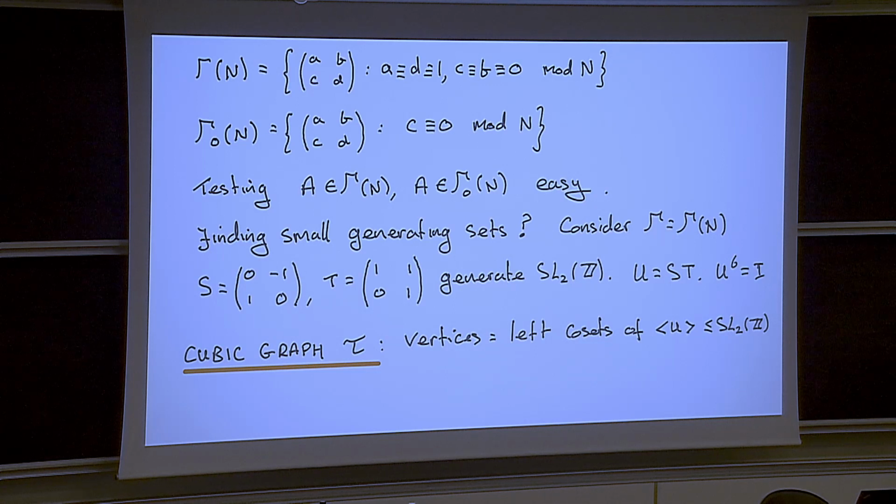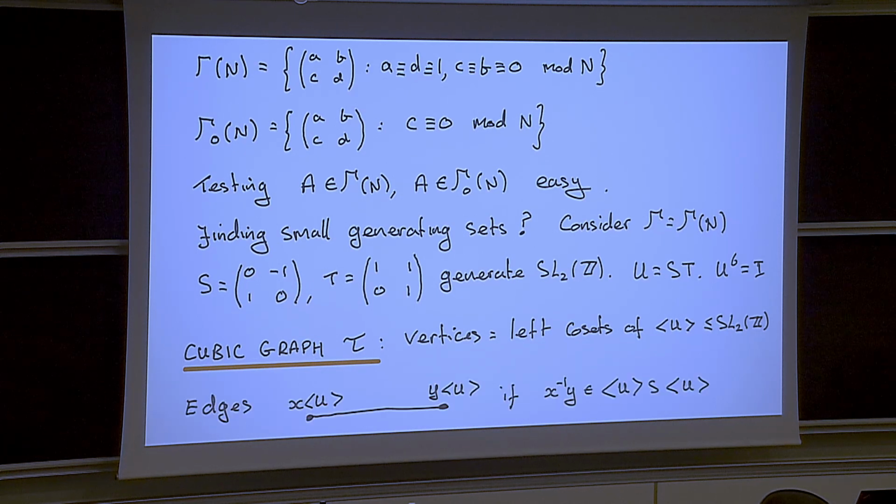So let's construct what I'm going to call the cubic graph. I don't know that it's standard terminology, and I'm going to call it curly T. It's a graph whose vertices are the left cosets of the subgroup of order 6 generated by U, the left cosets of this subgroup in SL2Z. So for each coset, you've got a vertex. And let me tell you what the edges are.